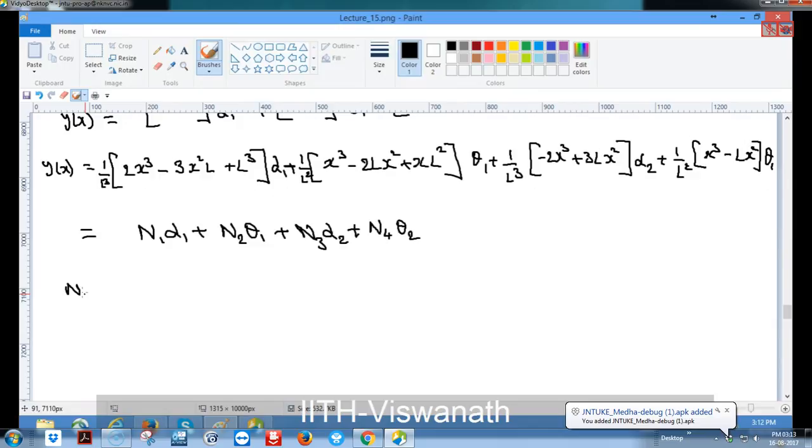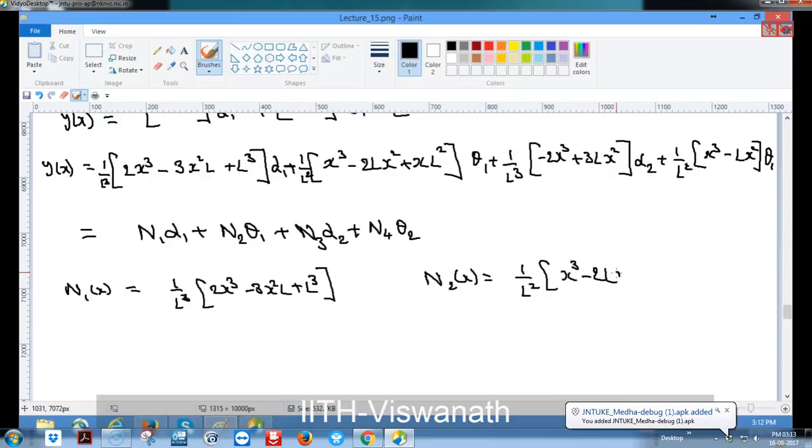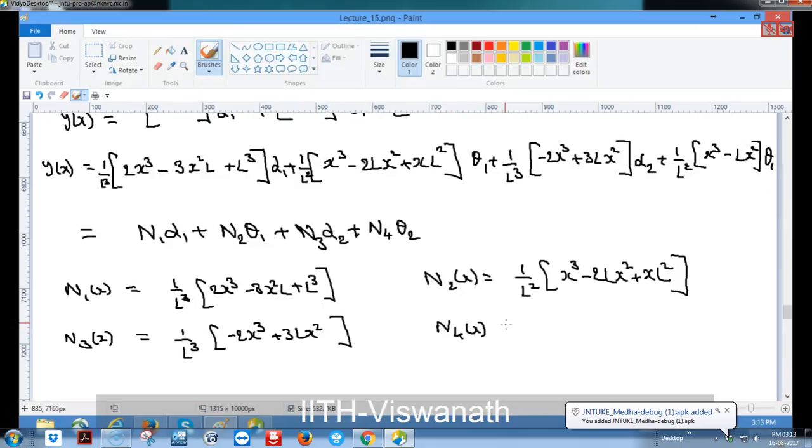Where n1 of x can be simply identified as 1 by L cube, 2x cube minus 3x square L plus L cube, and n2 of x is identified as 1 over L square, x cube minus 2L x square plus x L square, and n3 of x is defined as 1 over L cube, minus 2x cube plus 3L x square, and n4 of x can be defined as 1 over L square, x cube minus L x square.